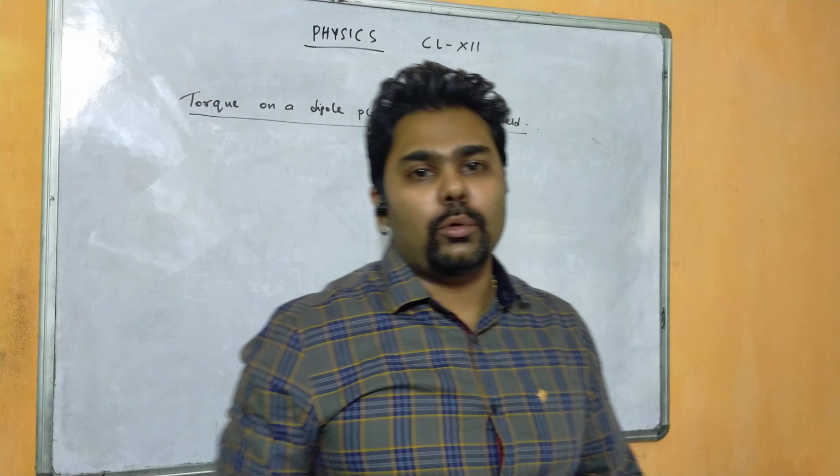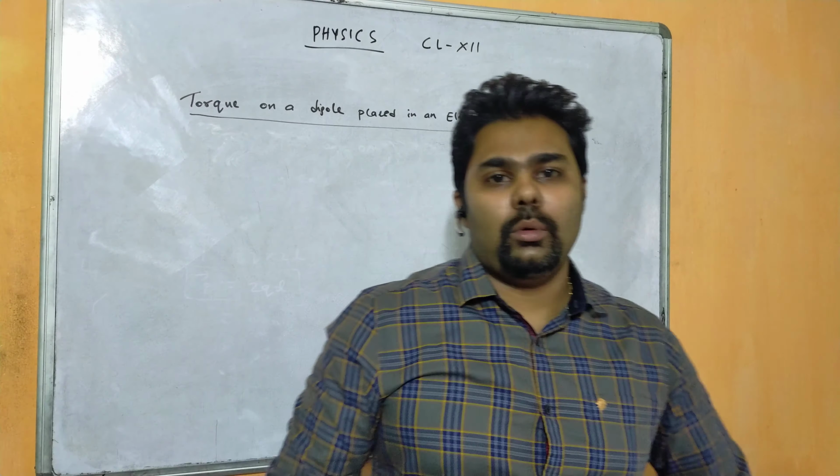When an electric dipole is placed in an electric field, then there will be a torque acting on the dipole. If that electric dipole is placed parallel to the electric field, like you see here, there is an electric field.